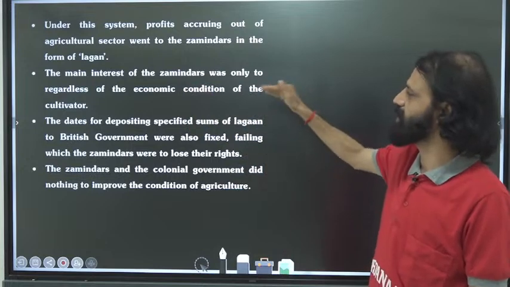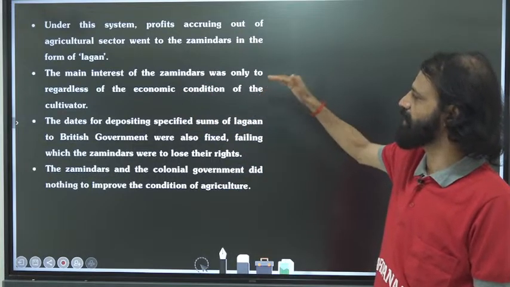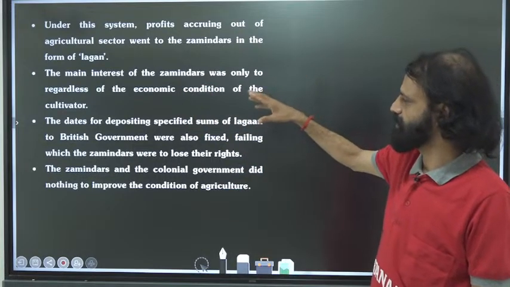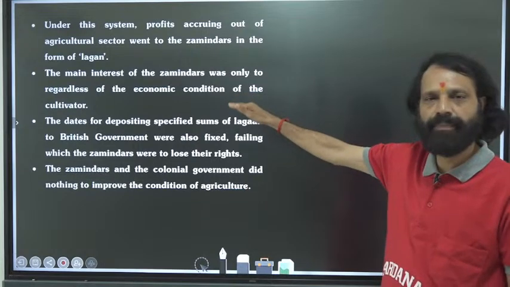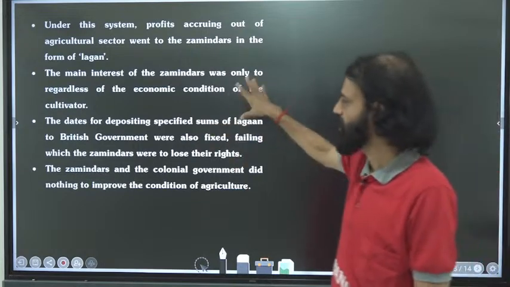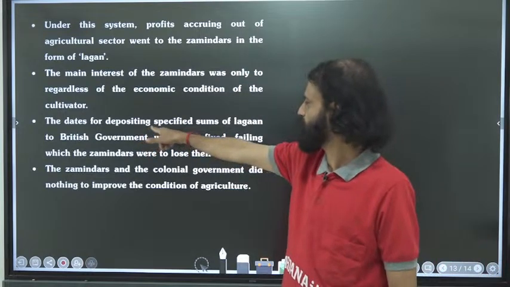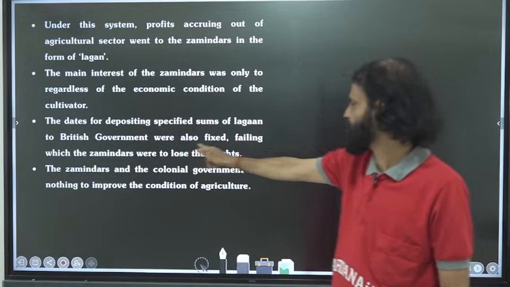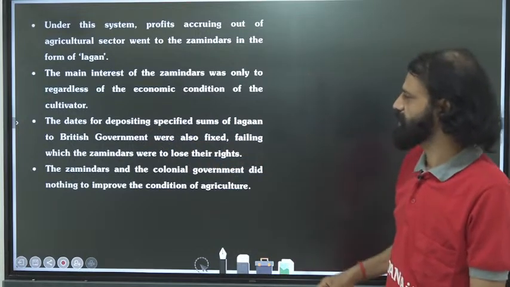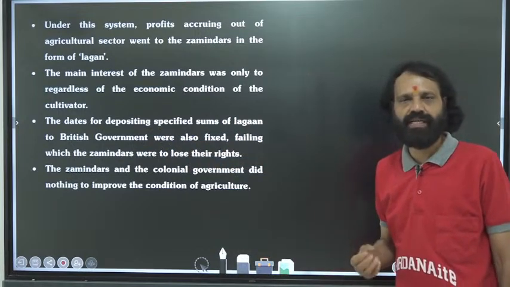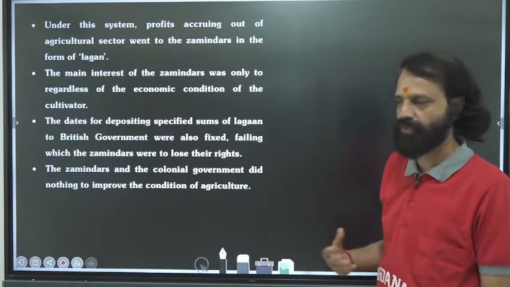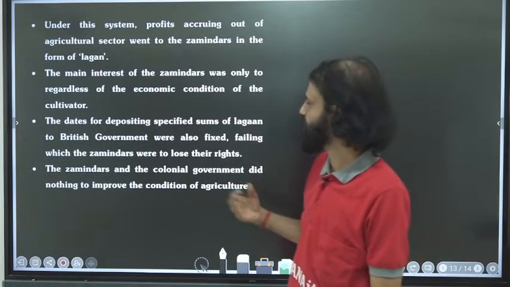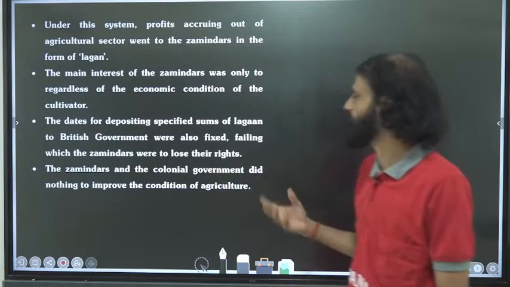They were only thinking about the lagan, the tax, and were very interested in collecting it. That's all. The dates for depositing specified sums of lagan to the British government were also fixed. All these zamindars collected tax from the farmers, and after that they needed to deposit that tax to the Britishers.